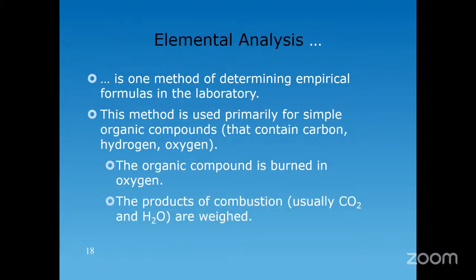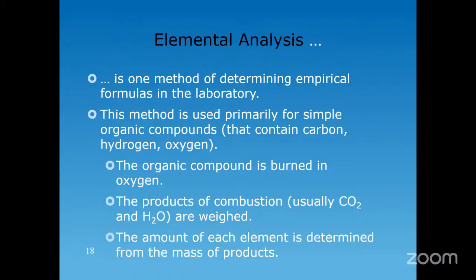So as I said before, the carbon dioxide and water would be trapped and weighed, and therefore based on their masses, you can determine the mass of the carbon and hydrogen present in the original compound by working backwards, all right? So that's just basically a word description of what this experiment is all about.